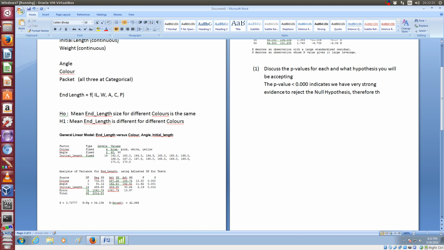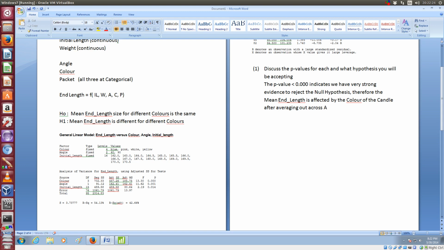Therefore, the mean end length is affected by the color of the candle after averaging out across.